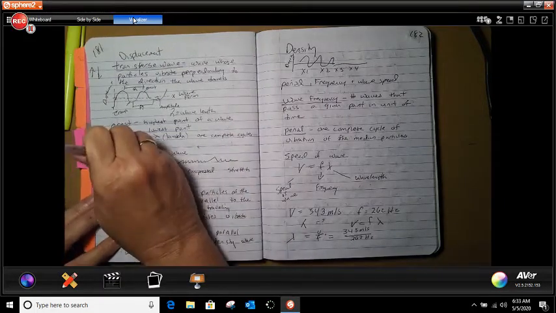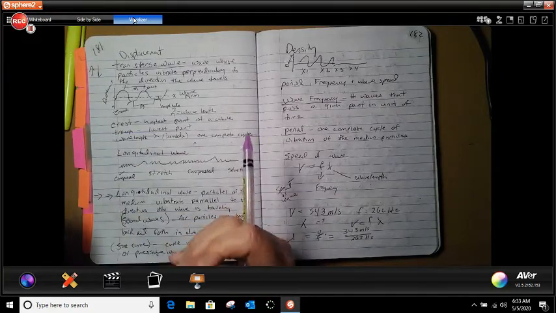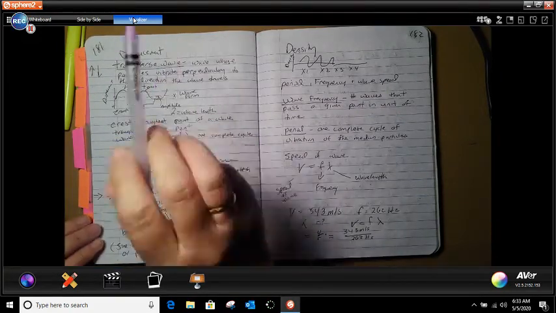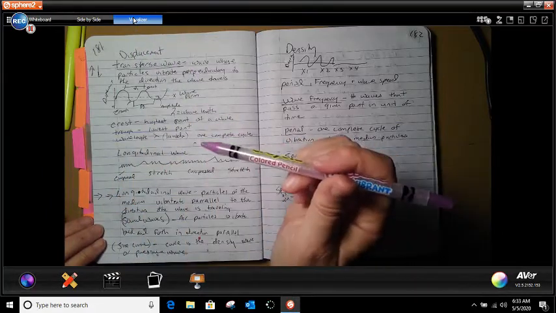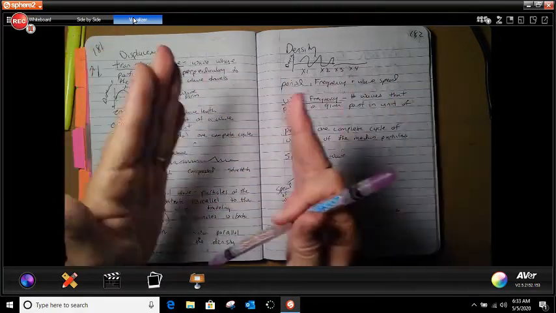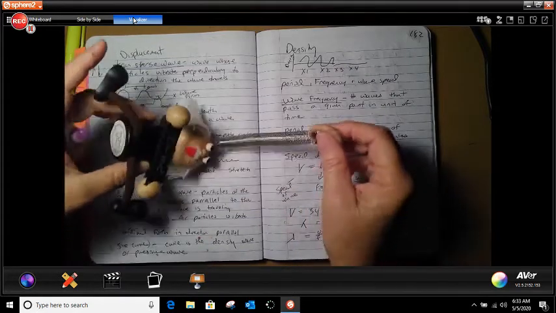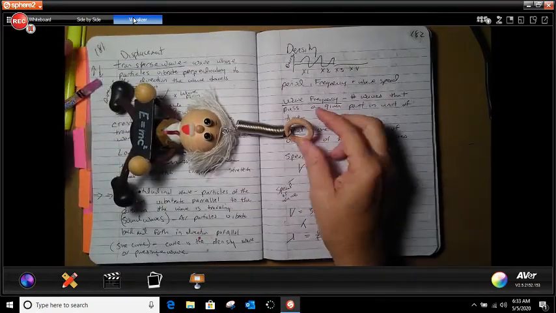Then you have what's called a longitudinal wave, and a longitudinal wave is like a spring. So instead of it going up and down like this, it kind of goes like that. It's compressed and then expands, compressed and expands. The best thing I think of is a spring and how a spring works. I'll give you an example here with my Isaac Newton spring.